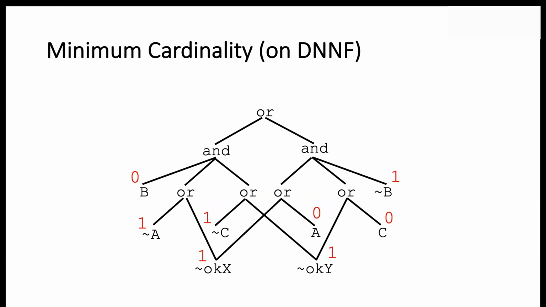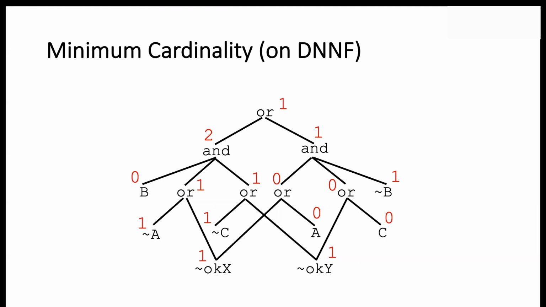The boundary case is that true gets the value 0 and false gets the value infinity, and you just walk through the circuit. You minimize at OR gates and sum at AND gates, and then here you get the number 1, which tells you there is no model for this formula that has cardinality 0. Every model has a cardinality of 1 or more.